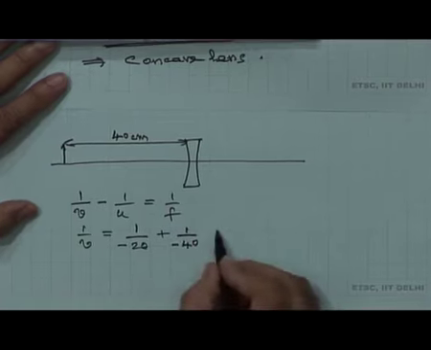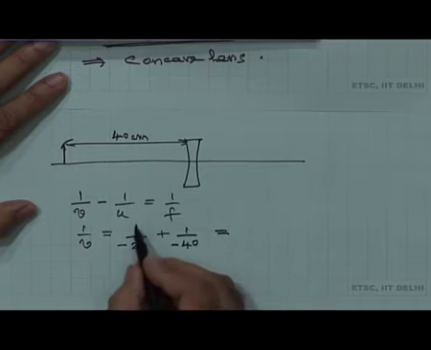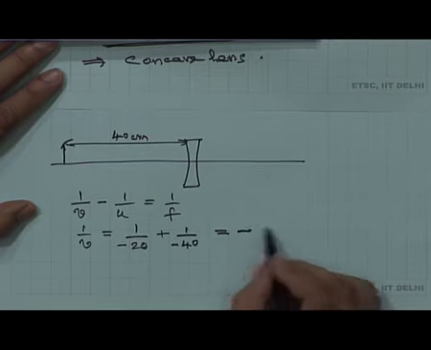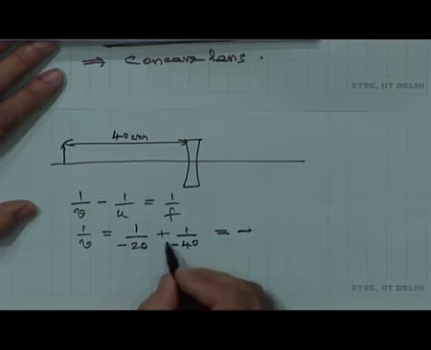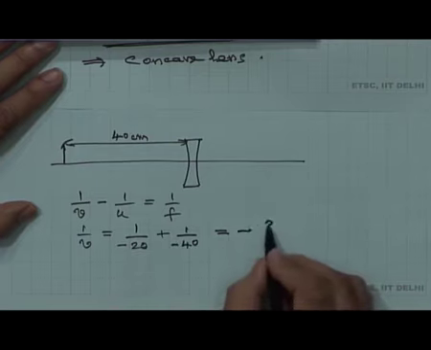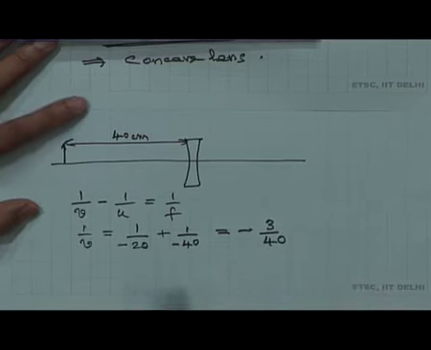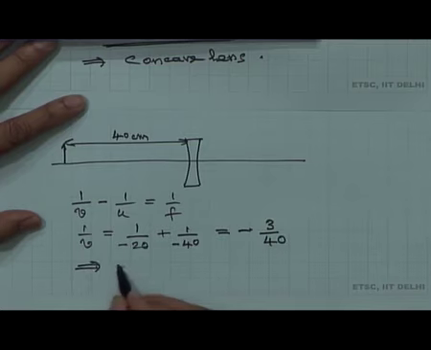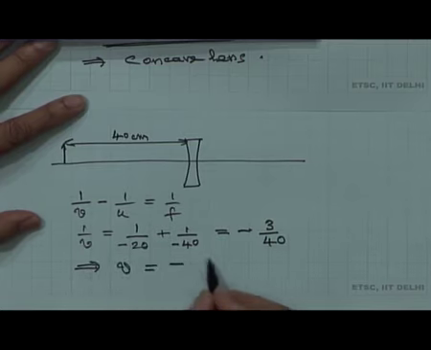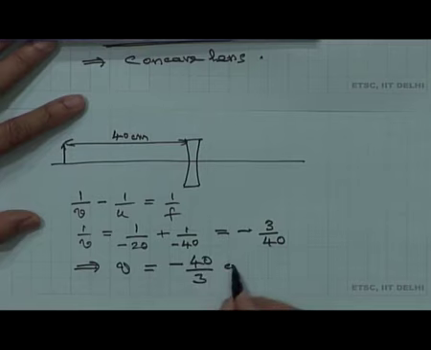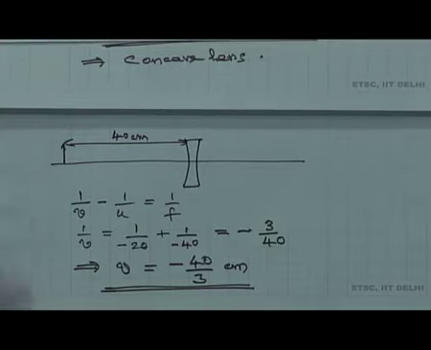This is minus 2 by 40 minus 1 by 40, so this is minus 3 by 40. This implies v is equal to minus 40 by 3 centimeters.